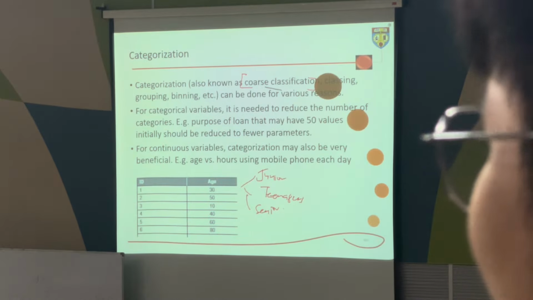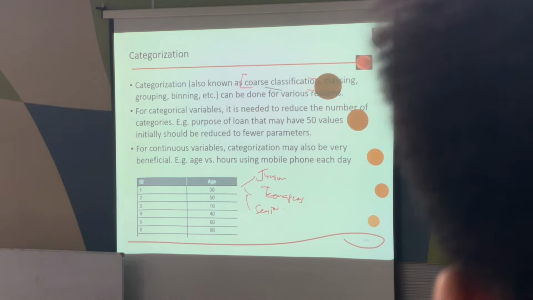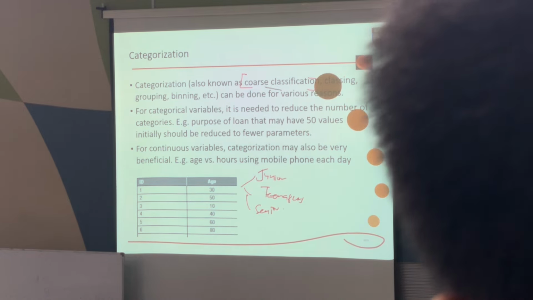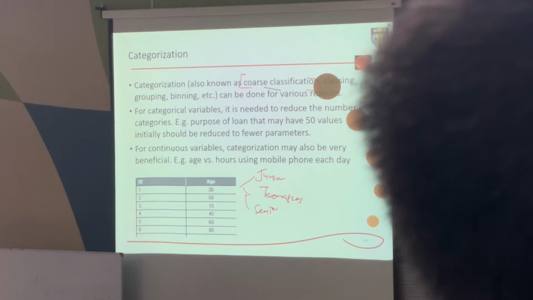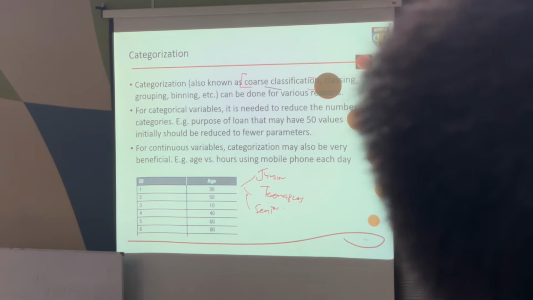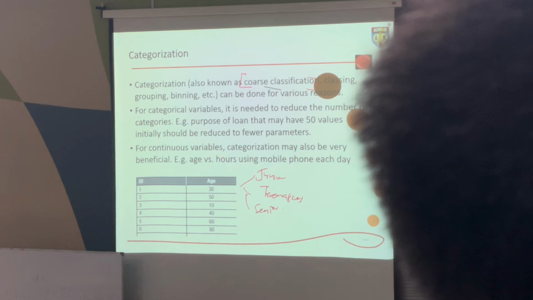And also another reason why we do classification is that we want to make the analysis as simple as we can. For example, by reducing the age groups, you can make the data analysis or visualization more manageable.